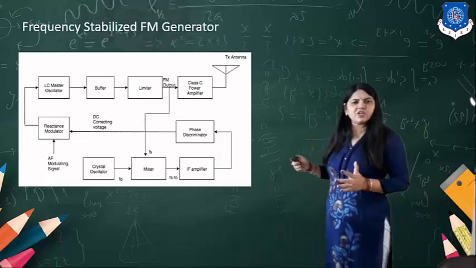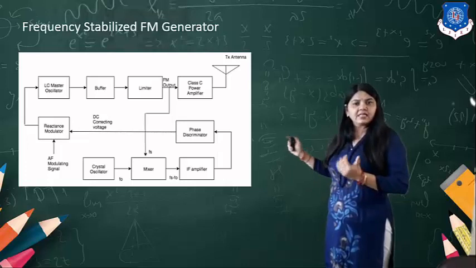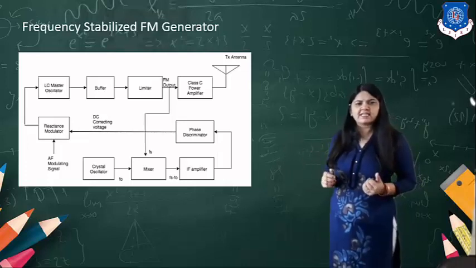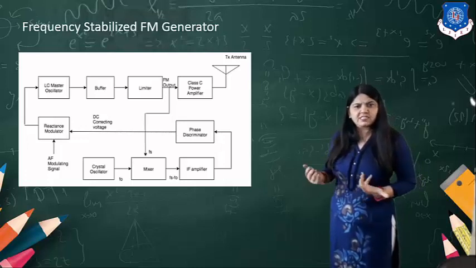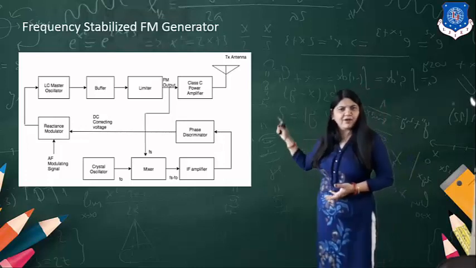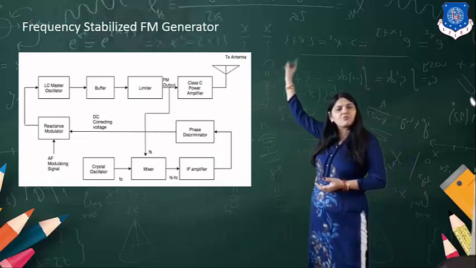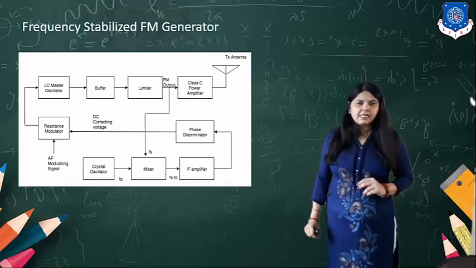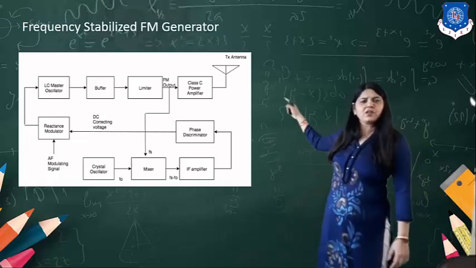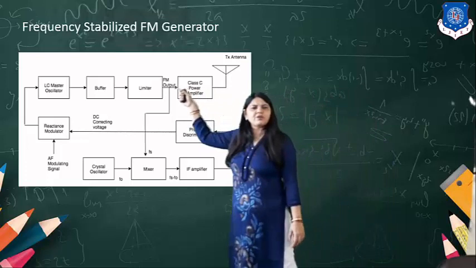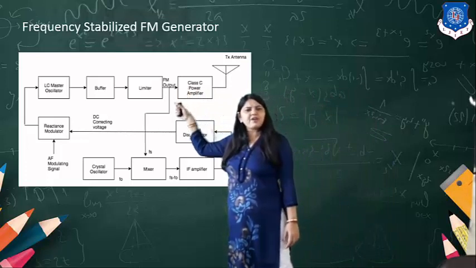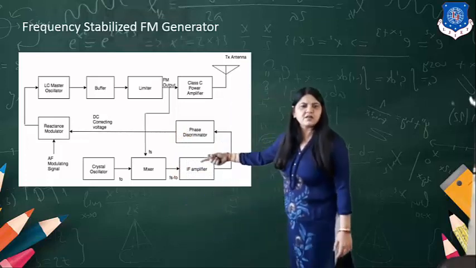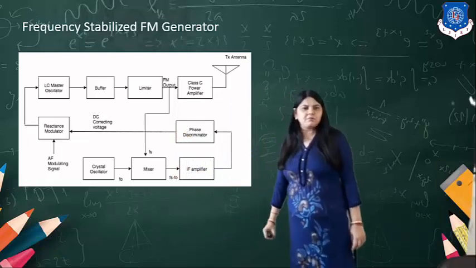It is given to the buffer and limiter circuit, which provides us the FM output. It is given to the class C amplifier, which amplifies the output, and it is transmitted via the transmitting antenna. But a small portion of the FM output is given to the mixer.